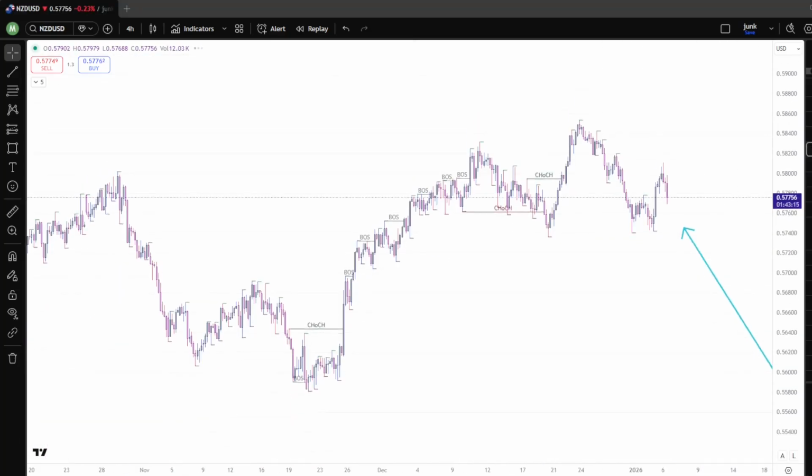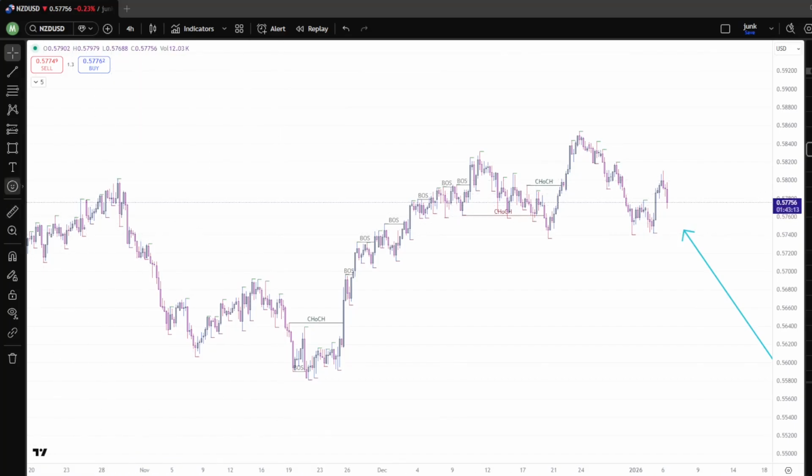NZD USD, let's go map the current range. It's also expanding. It looks like this is just in a range, but expanding.